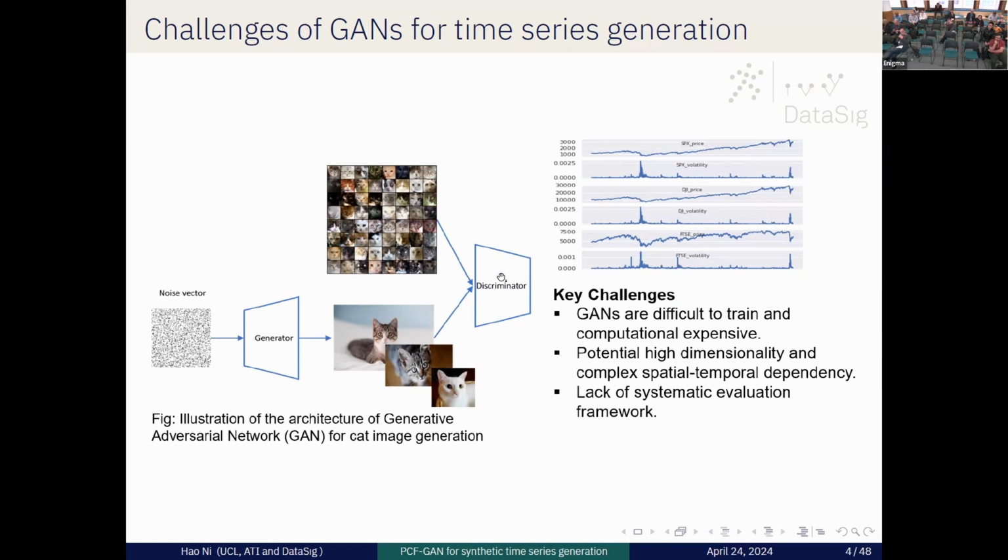Both the generator and the discriminator are often parameterized by networks and characterized by the corresponding model parameters. Then the task of learning the generator boils down to a min-max problem.